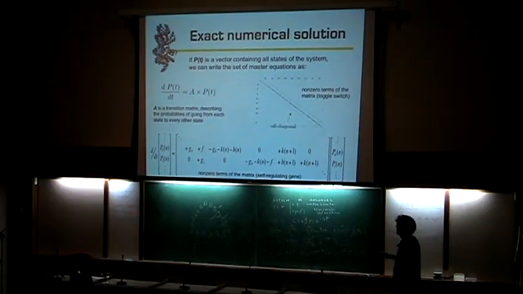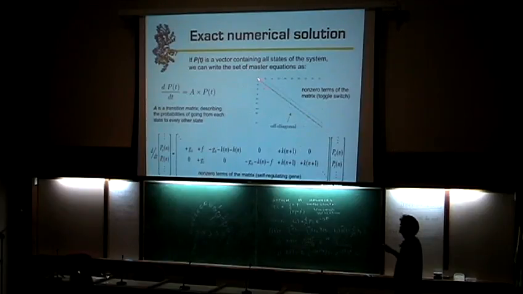Then from here you can recover those master equations that we had in the beginning. You can see that the diagonal terms are all negative, right, because that's the rate of exiting the states. And the off-diagonal terms are all positive. That's the rates of getting into that state from other states.